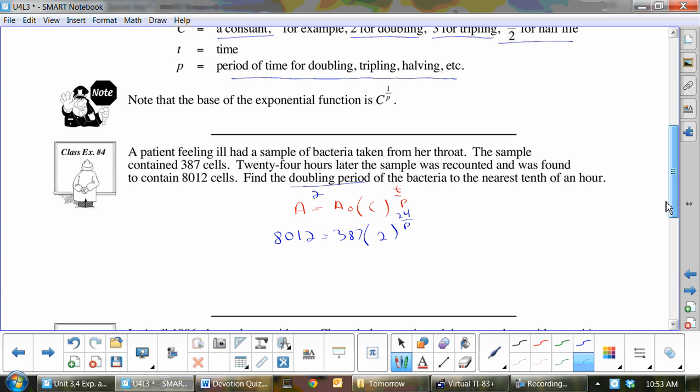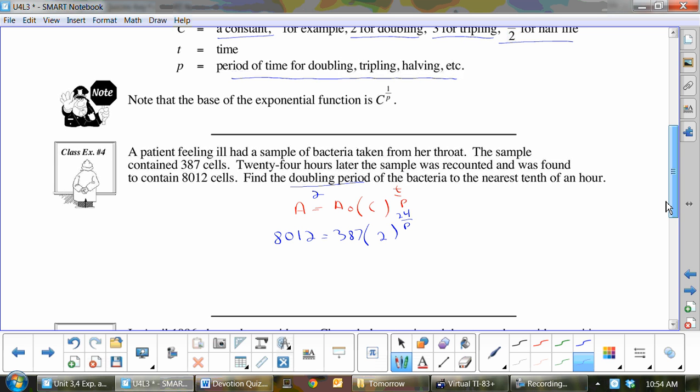Does that make sense? It didn't say it took 24 hours to double. It just said it's been sitting there for 24 hours. If I go find the doubling time, so we can use a P there, we can use a D, if I find that, I can look it up in the book or obviously in a computer now. That is the type of bacteria I'm dealing with. And then you have to give them a call. Your doctor wants to know what type of bacteria you have.